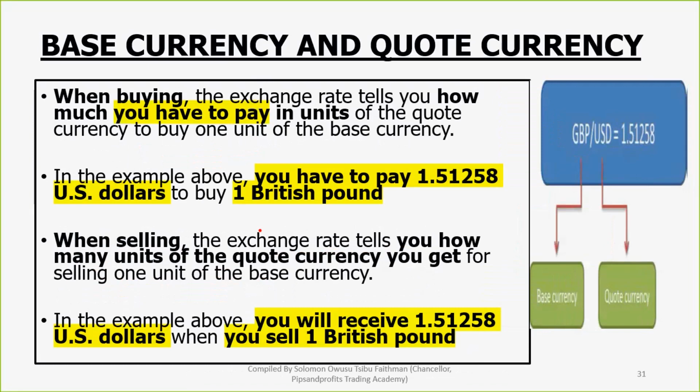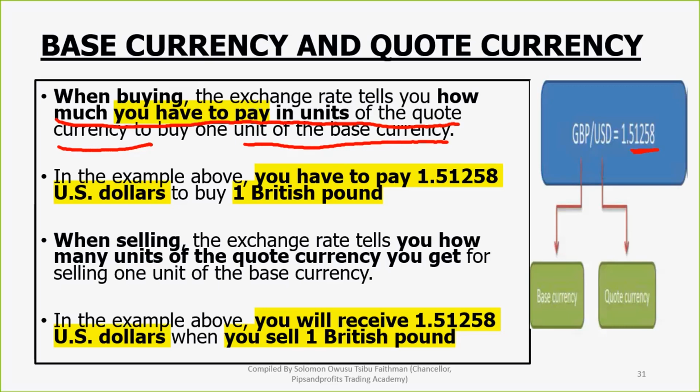When you are buying, okay, when you are buying, the exchange rate, I've mentioned it, tells you how much you have to pay in units of the quote currency to buy 1 unit of the base currency. It sounds some way.